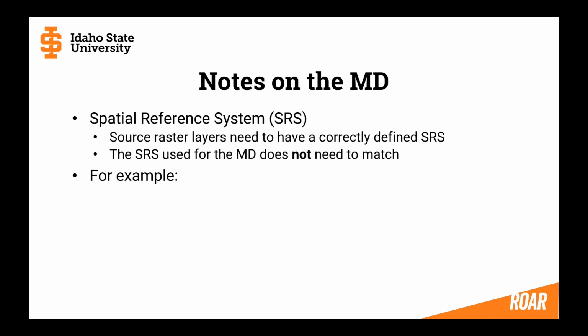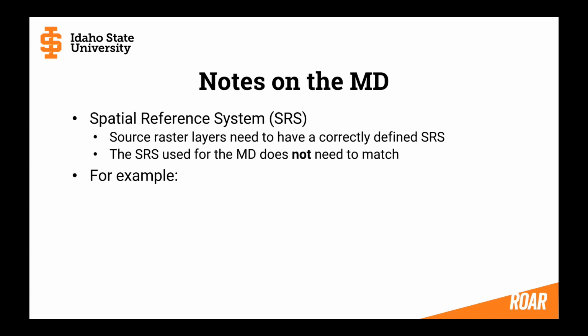That's what we're ultimately creating when we work with that imagery. Some of that imagery is in UTM zone 11 north. Some of the imagery, almost half, is in UTM zone 12. Well, as long as all that imagery is correctly defined, the projection is correctly defined, that's great.